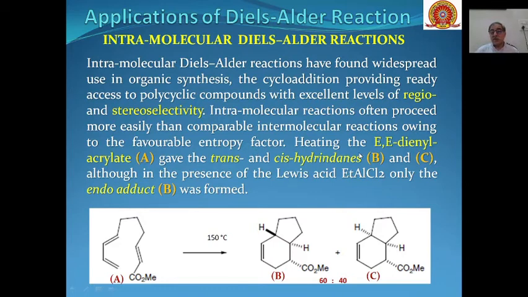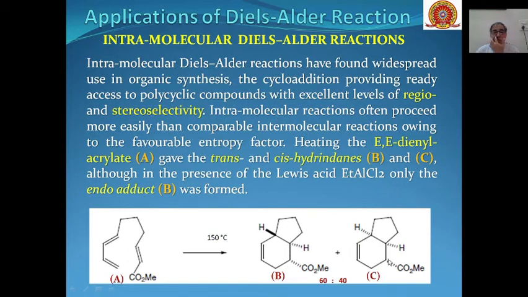For example, if we heat this E,E-dienyl acrylate at 150 degrees centigrade, then we can have two types of products. One is the trans product and the other is the cis product.